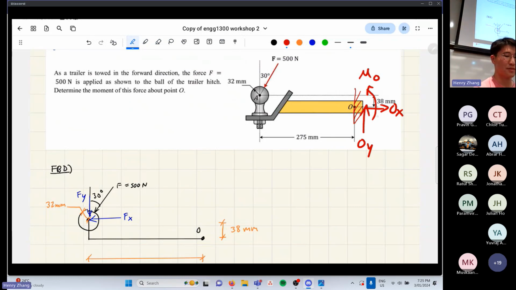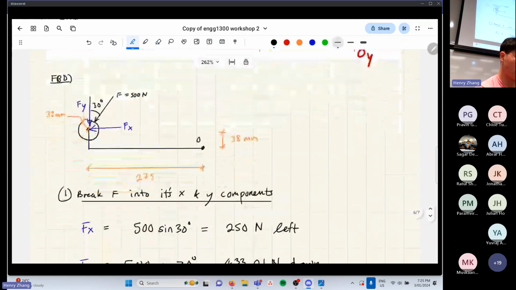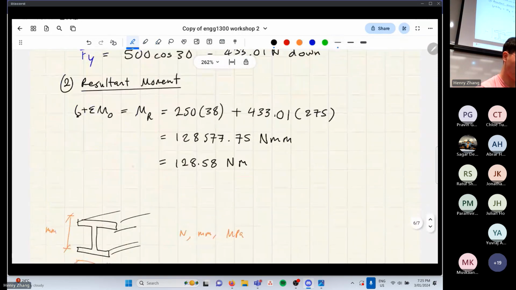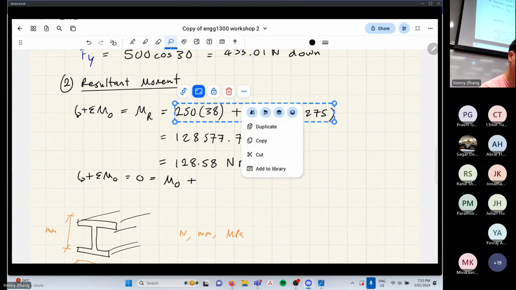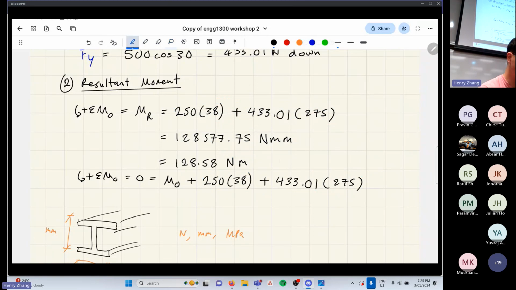And when they take the sum of the moments about O, OY and OX will have a lever arm of 0, and so we're just solving for MO. So it looks something like this: the moments equal 0, MO plus all that stuff. But then when you solve for MO, you will end up with a negative version of our answer.